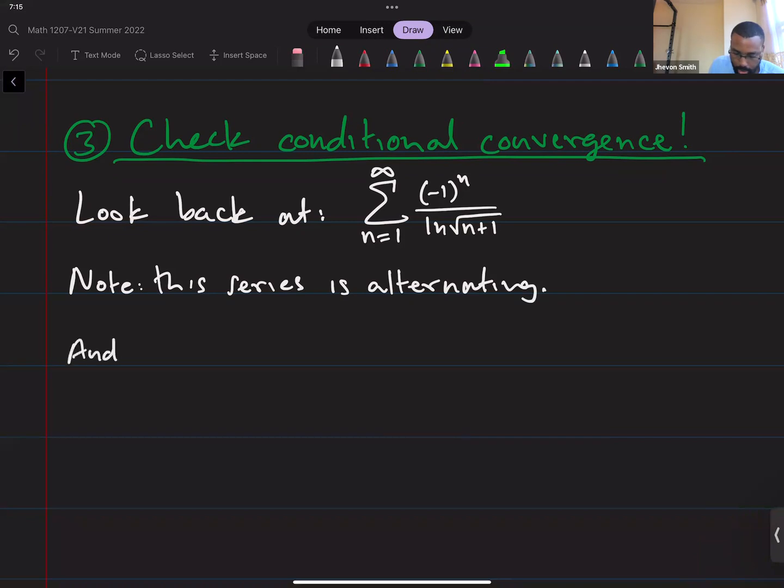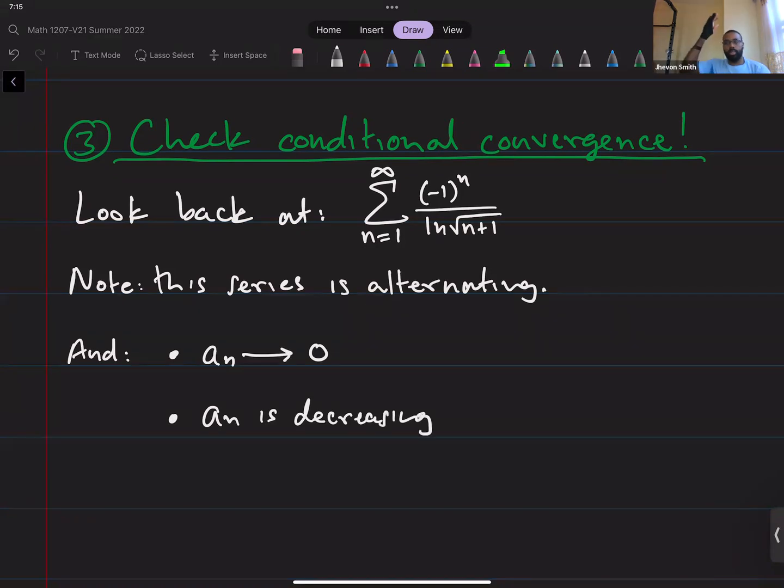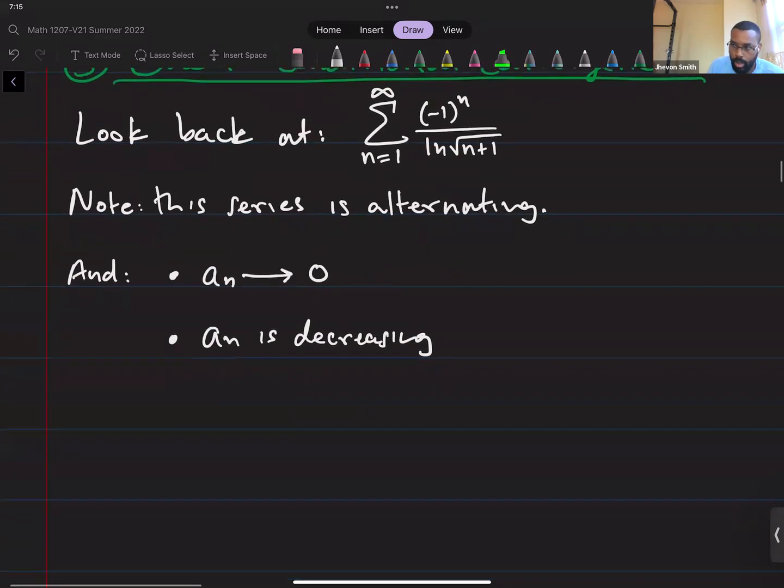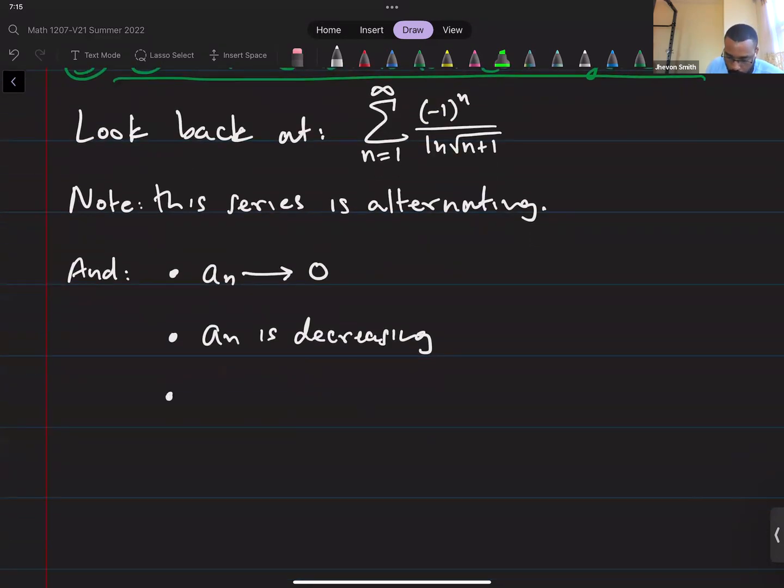And we can notice a few things. a_n converges to 0. a_n is decreasing, right? Because it's a constant on top, and it's something that's growing in the bottom. So definitely it's getting smaller and smaller over time. And we know that a_n is greater than or equal to 0 for all n.